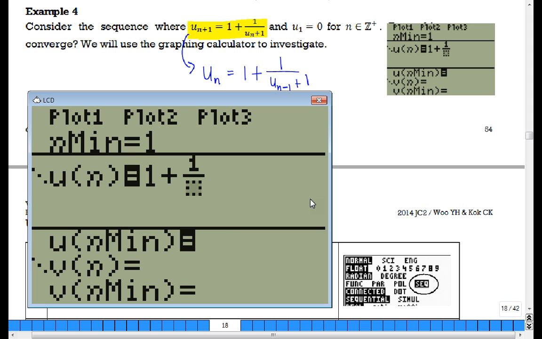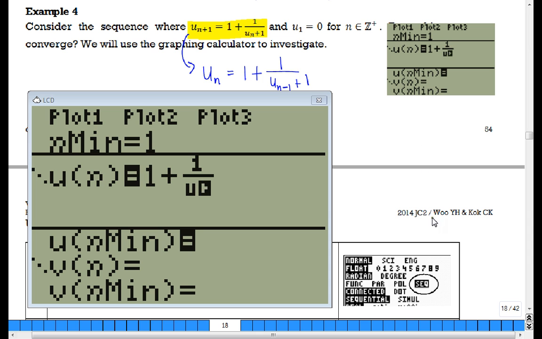I have to use second 7. Second 7, I repeat, second 7, not alpha 5. You highlight the thing because they both are u. Okay, not alpha 5. Because alpha 5 will also give you u, but that u is a constant. It's a memory. Okay, but this u is different. This is a variable.